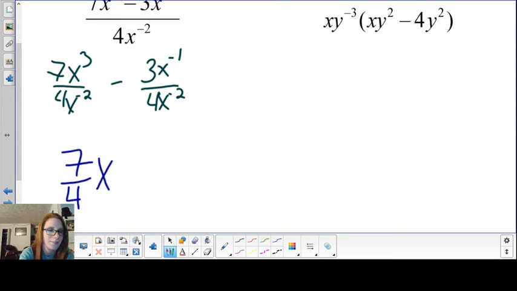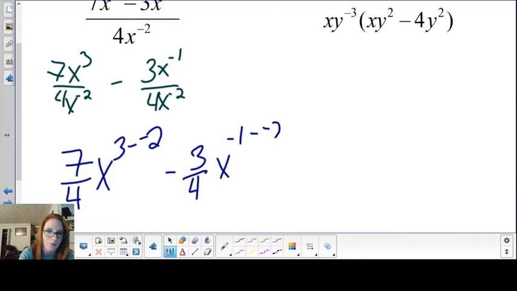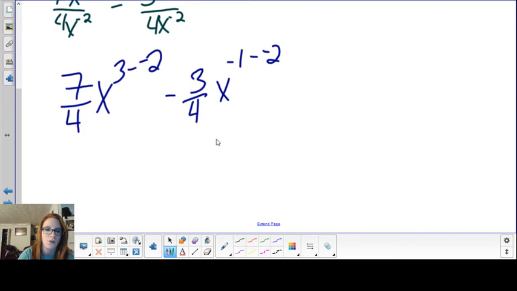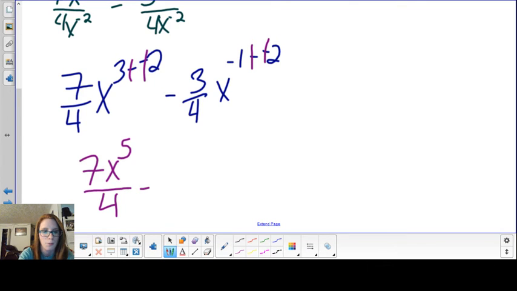I'm going to have x to the 3 minus negative 2. Again, 3 over 4 is not going to give me a nice answer. I have a negative 1 minus a negative 2. And the reason I wanted to show this step is because we are subtracting. And so when I have negative, negative, they turn into a positive. So 3 plus 2 is 5, so it's going to stay on top and be positive. Again, I have negative, negative, which turns positive. It stays on top.